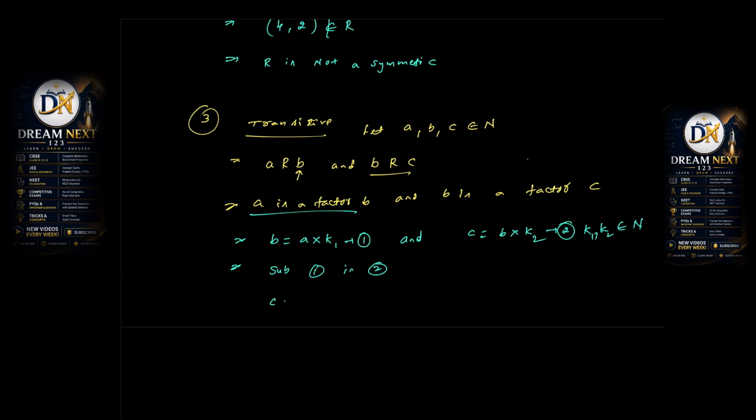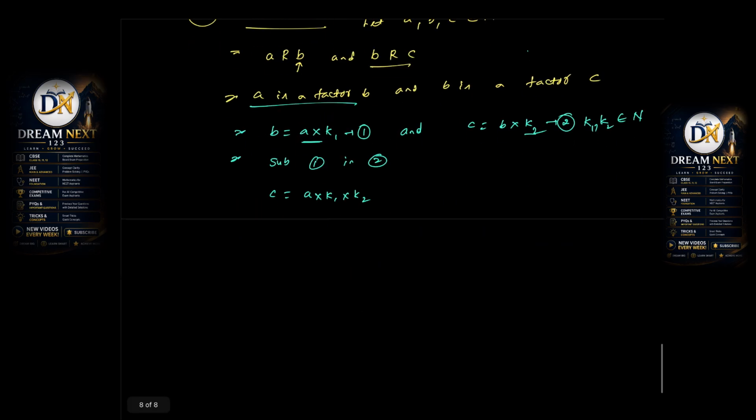I will get C is equal to, in place of B, I am replacing A into K1, into K2 again. If we simplify, C is equal to A into K1 K2. The product of two natural numbers is again a natural number. We don't have any problem with this. If you want, you can write K1 K2 as some K, which belongs to the natural numbers. C is equal to A into some K.